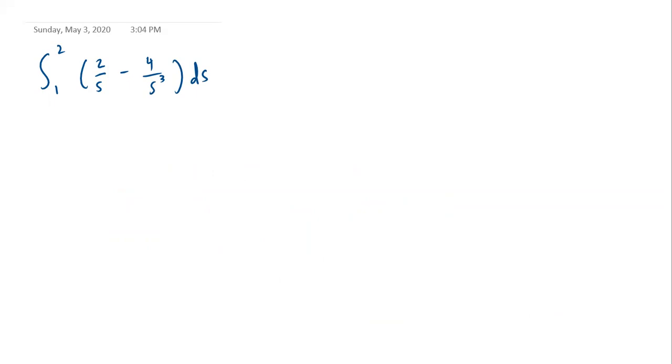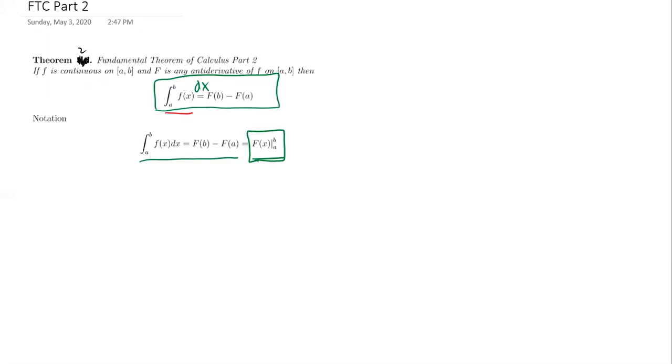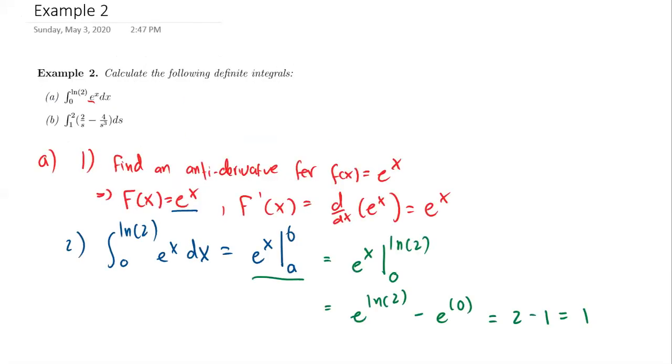Okay. So how do we do this? Well, it's going to be the same process. We can use the fundamental theorem of calculus. Now, notice one thing, and I'm going to show you an example of when the fundamental theorem of calculus doesn't work. Remember, the assumption is that the function we're integrating is continuous on the interval. So notice in this case, e to the x is continuous everywhere, so that works.